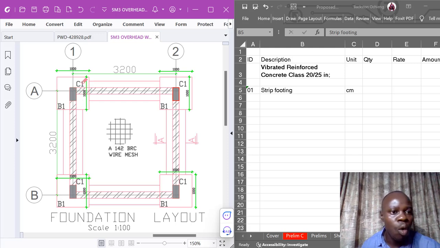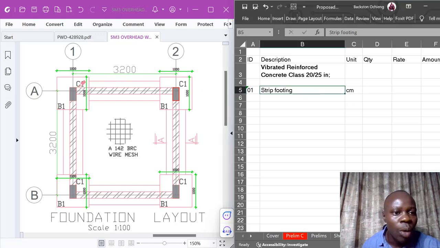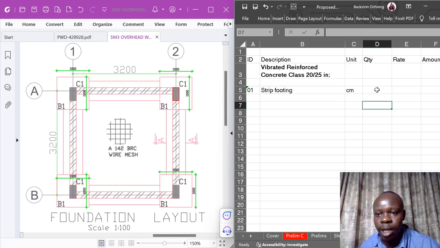But then now we need to take away. You can see there's 1000 here, and then there's 1000 this side. Okay, so from these 1000s on either sides, half of it is basically 500. So the 3200 comes from the centers.